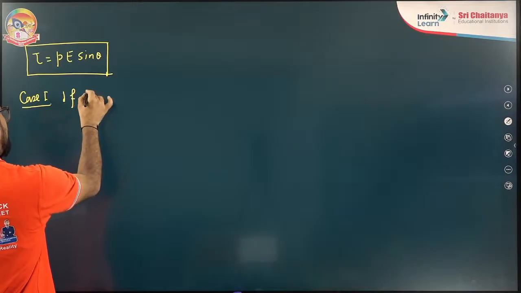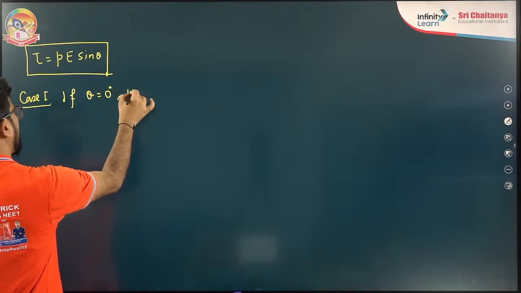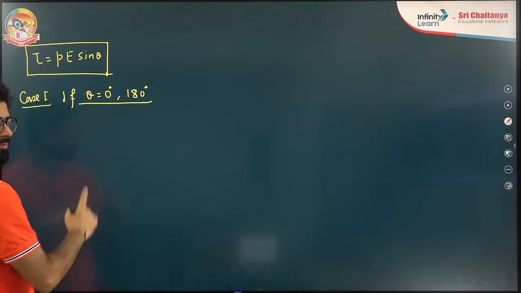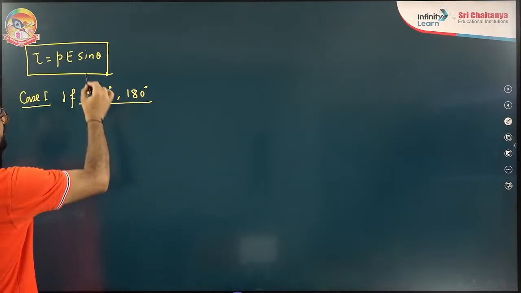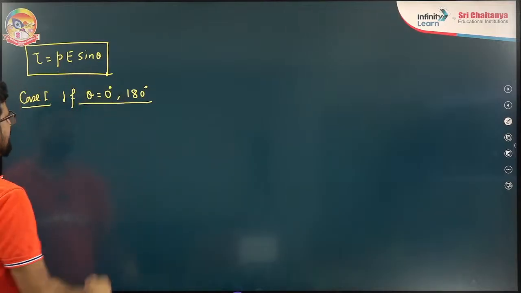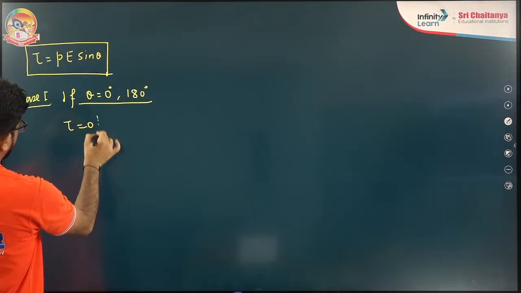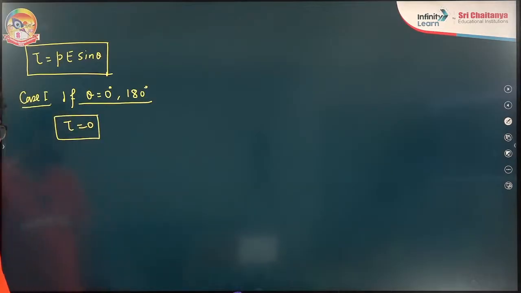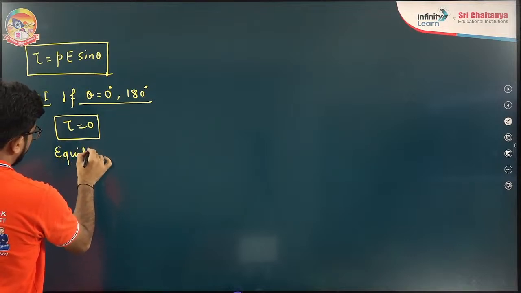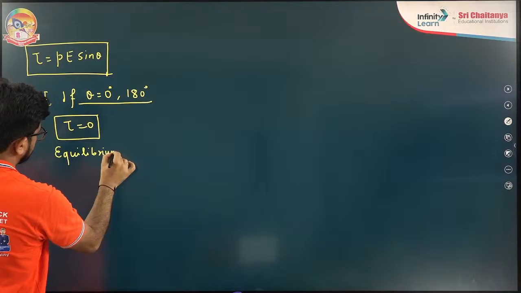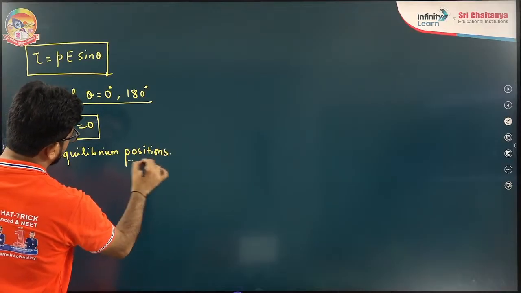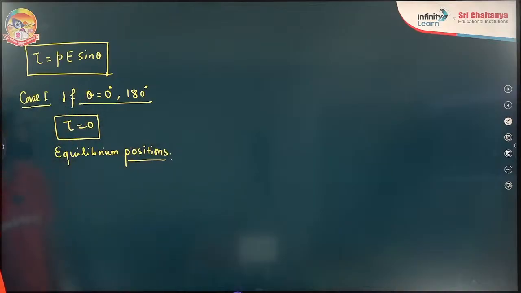If I say theta equal to 0 degree or 180 degree, sin 0 is also 0, sin 180 is also 0, that means torque is equal to 0. And this we call equilibrium position. So theta equal to 0 and theta equal to 180 degree are equilibrium positions.